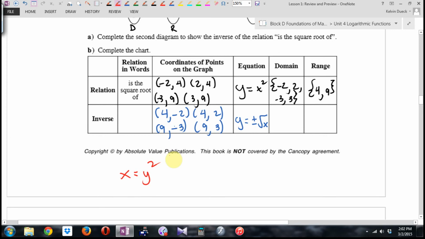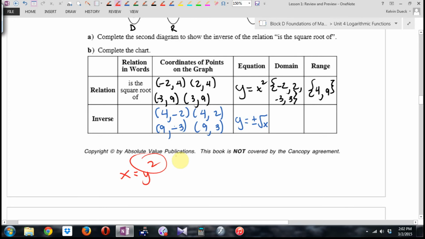And then you would say to yourself, how to get rid of a squared? But you learned, hopefully last year, maybe you didn't, you should have learned that when you square root an equation, this is not in physics, because in physics it's often time that we're square rooting and we don't want a negative time, we don't care about a negative time. But in math, whenever you square root an equation, see, this is a quadratic, there should be 2 answers.